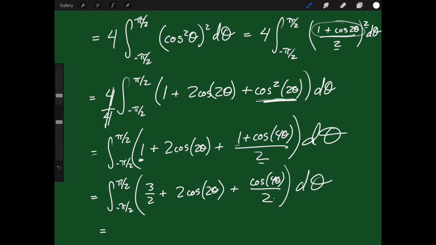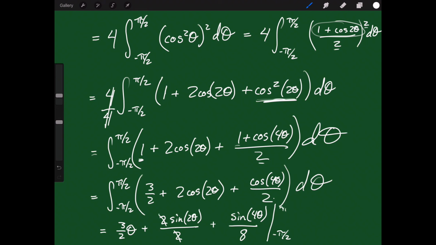The antiderivative here is 3 over 2 theta, plus the antiderivative of 2 cosine of 2 theta, which is 2 sine 2 theta divided by 2, which of course means those 2's cancel and I'm just left with sine of 2 theta, plus sine of 4 theta divided by 8, all of that evaluated from minus pi over 2 to pi over 2.